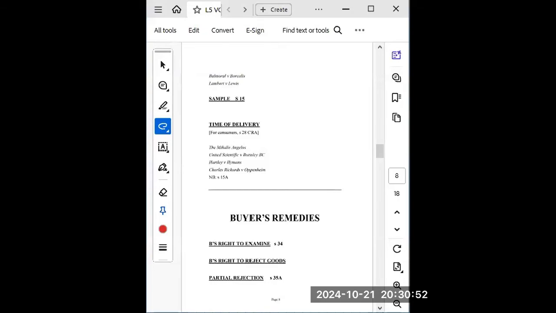The main problem with hidden defects is the very fact that the defects are hidden. It is common to find goods sold which would be dangerous if the buyer did not have information about them. A good example would be medicine or drugs.